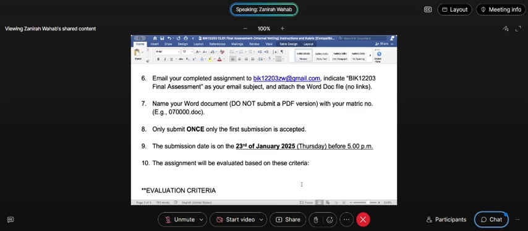Because this is basically your reflection and references or sources. If you want to use articles, is optional. But your primary source would be definitely your knowledge based on your textbook, isn't it?